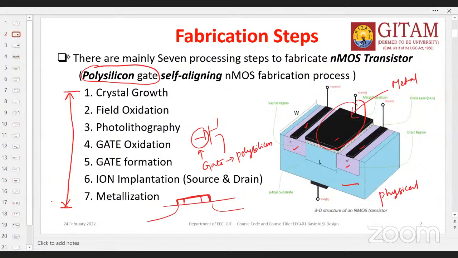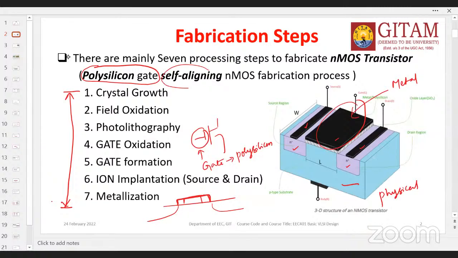Polysilicon has a very high melting point, so whatever temperature is required for source and drain cannot melt the polysilicon. Therefore we are able to maintain the proper polysilicon gate on top of the source and drain. Agreed? Okay.